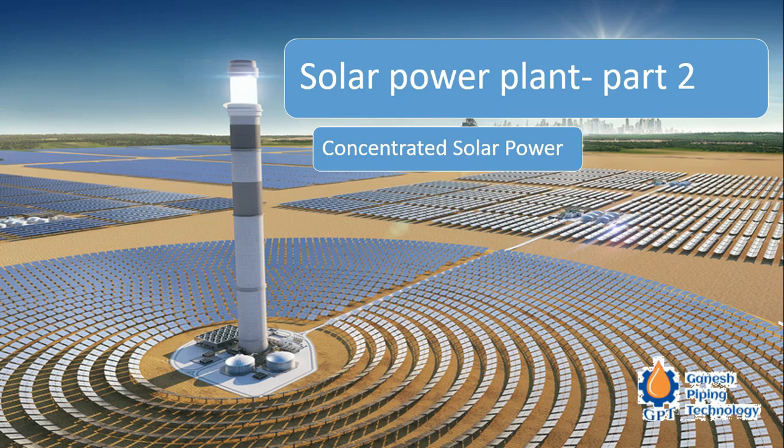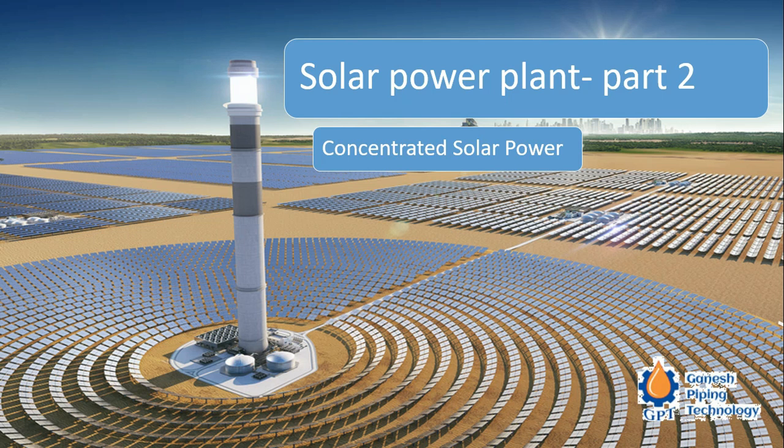In today's episode, we are going to see the concentrated solar power plant. In the previous episode, that is episode 1, we started with the renewable energy episode, and this is the continuation of that, on renewable energy sources, with solar energy being the most abundant one.